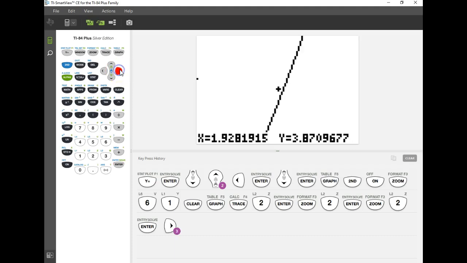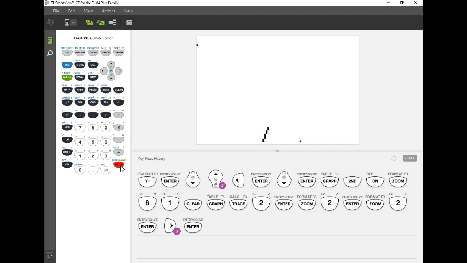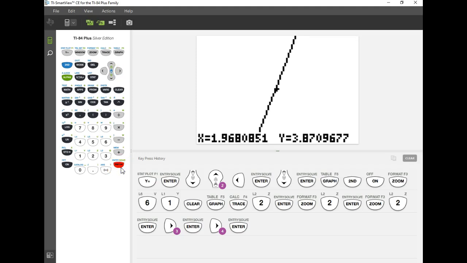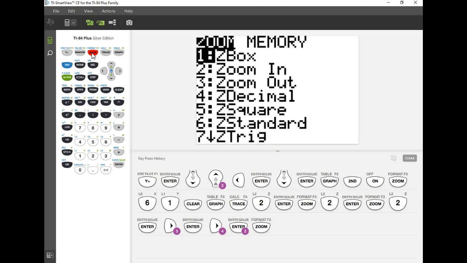The curve keeps looking like it's flattening out until I finally zoom in ridiculously close, and you can see that the graph now looks like a line. Now remember, this is y equals x squared. It doesn't look like that. So that is the idea of local linearity. If I zoom in really tight, it looks like a line.